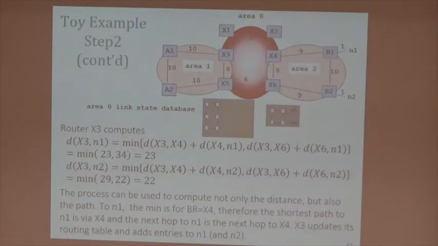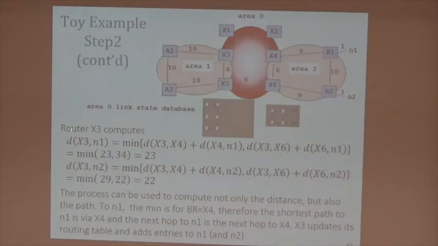We find 23 and 34. 23, which is the cost of going from X3 to X4 plus X4 to N1, and from X3 to X6 plus X6 to N1. So it finds the minimum of the two, and the minimum is 23, and for N2 the minimum is 22.